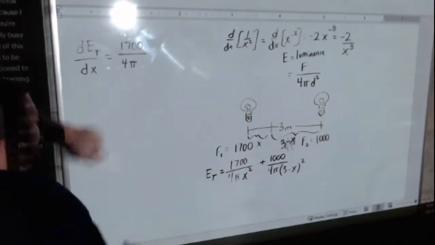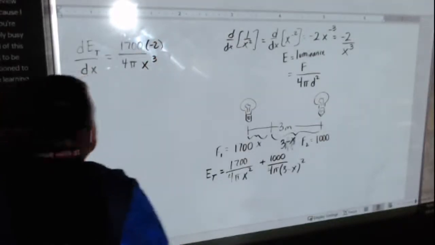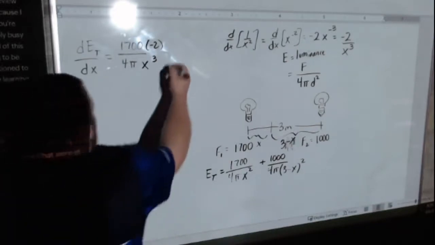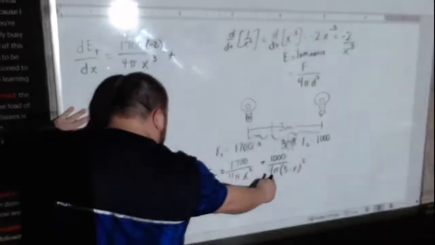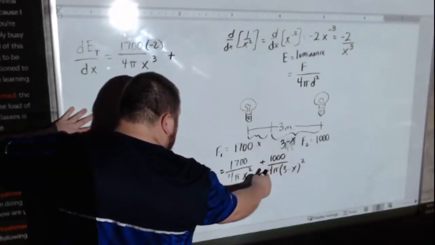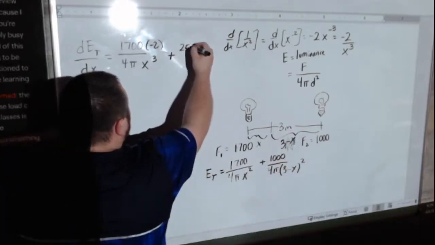We're going to get minus 2 over x cubed. Plus, now we need to differentiate this piece. And before that, we could even simplify this slightly, right? Because 1000 over 4, that's 250.